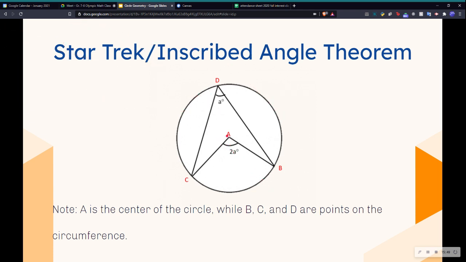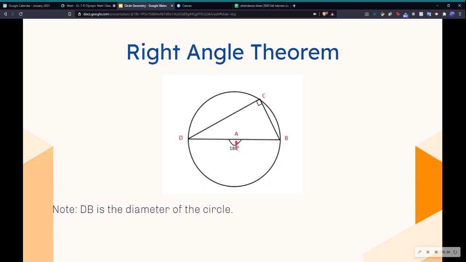So remember, the Star Trek theorem is that the angle at the center of the circle is twice the value of the angle at one of the points on the circumference. So here we have the angle at point A. This is just 180 degrees because it's a straight line. This should be twice the amount of the angle at point C. Point C is 90 degrees, and 180 is twice the amount of 90 degrees.